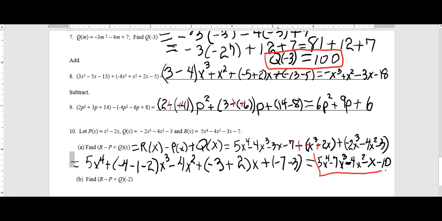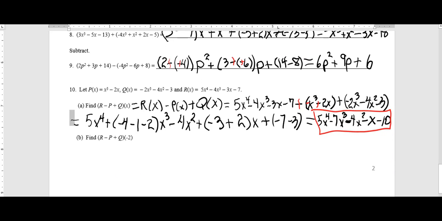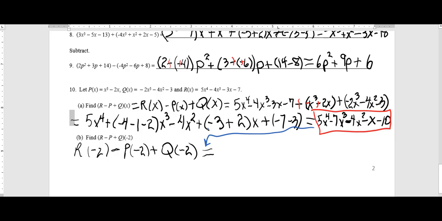Now when I go to the next part of this problem, I'm being asked to find r minus p plus q of -2. Now that is the same as finding r of -2 minus p of -2 plus q of -2. So if I go into r and replace all the x's with -2 and subtract from that p where all the x's have been replaced with -2 and add to that q where all the x's have been replaced with -2, then I'll find what I'm being asked to find.